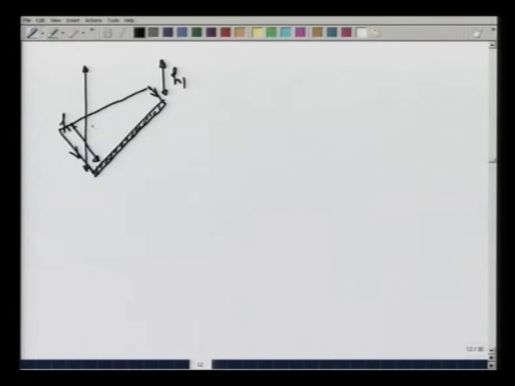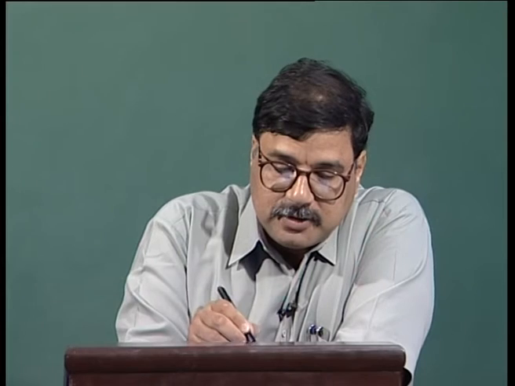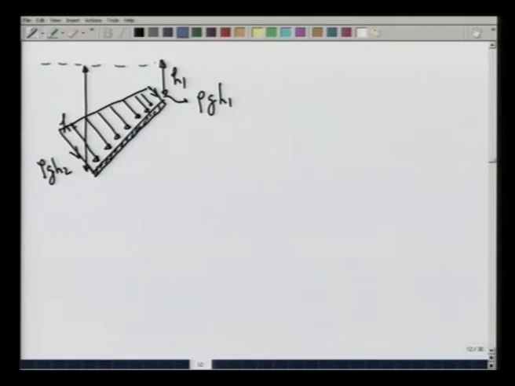So, the loading on the plate or the sheet is going to be of this form, where this is rho g h 2, this is rho g h 1. Here is the water surface on top.